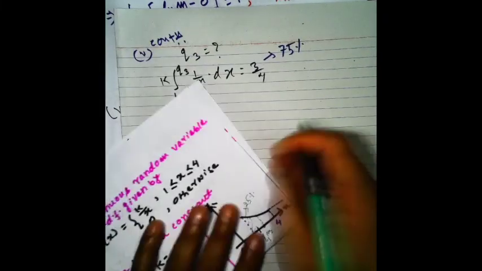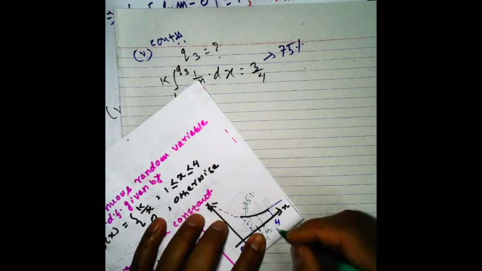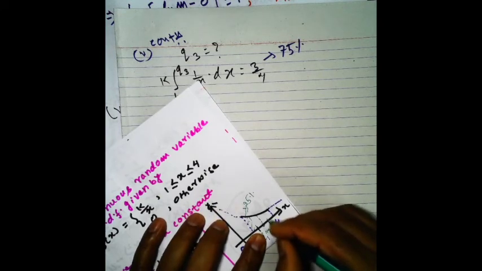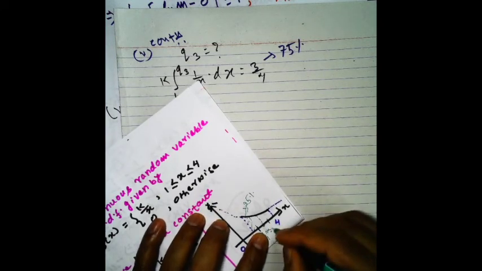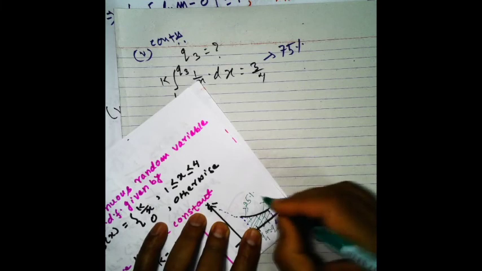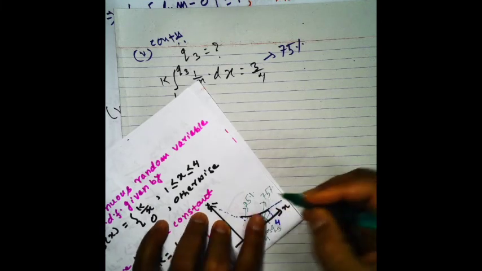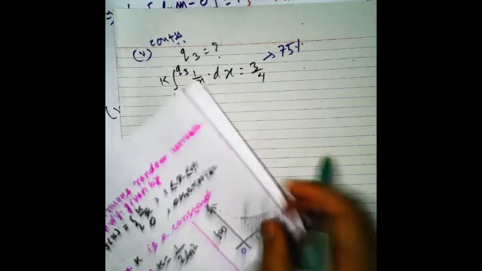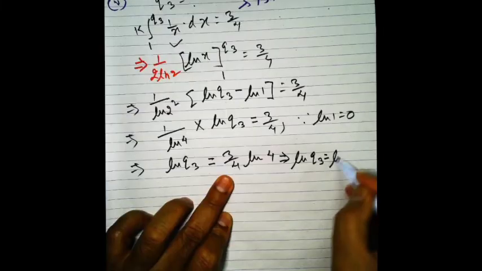If you look at this graph, Q3 lies between M and 4. So Q3 is here, exactly at the center of M and 4. So this is the value Q3, and the area up to Q3, if you see, would be 75%, and if you convert 75% to a fraction, this will be 3 over 4, ln 4.